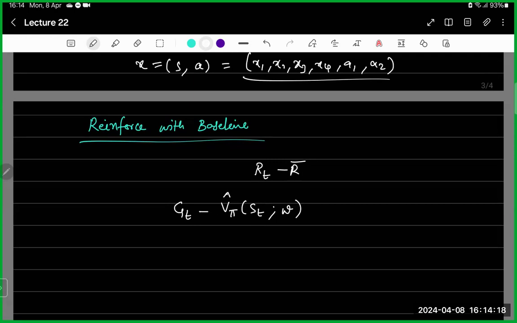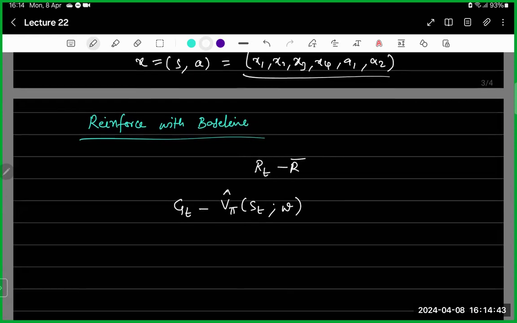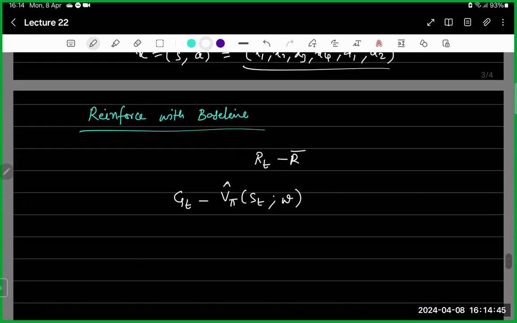This is like the advantage, right? Gt is like the q pi, and you're subtracting the value. So this is telling how good is this action compared to a typical action. You got Gt for taking some particular action at that state, versus what you would have got if you had followed just policy pi.